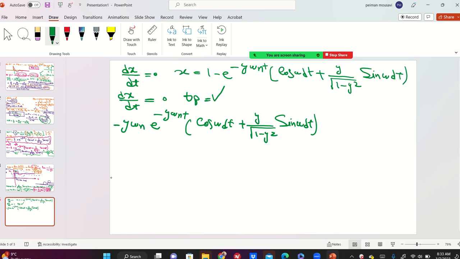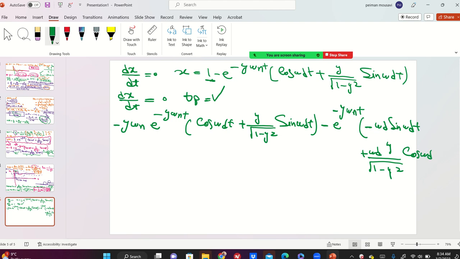This is the first term, derivative in the second term. Now again, because derivative of this is 0, obviously, e to the minus zeta omega n t, now here, minus omega d sine omega d t, because derivative of cosine is minus sine, and plus omega d zeta over the square root of 1 minus zeta square cosine omega d t.